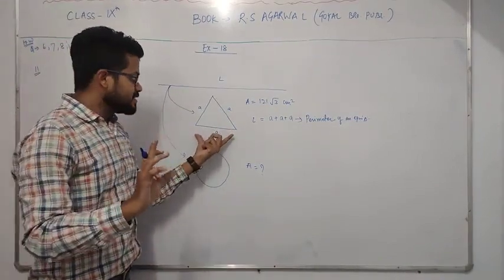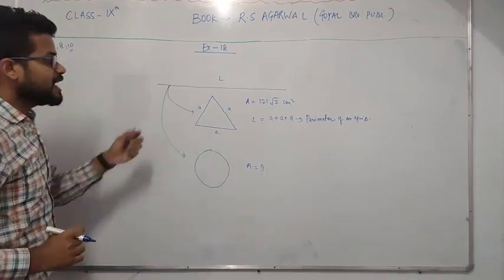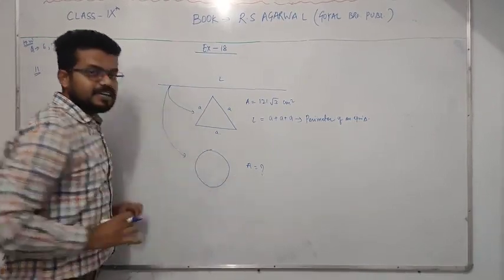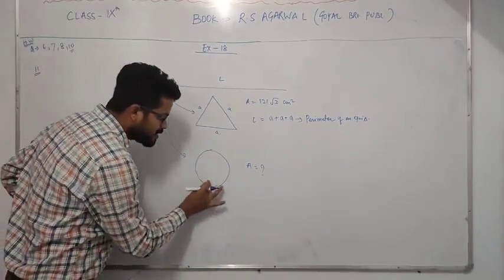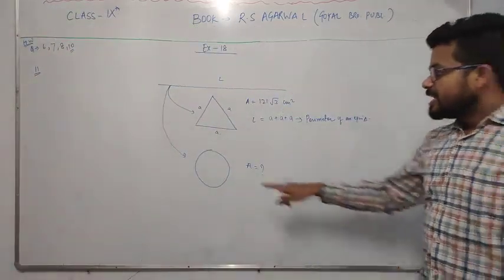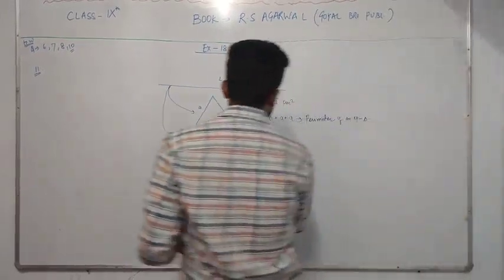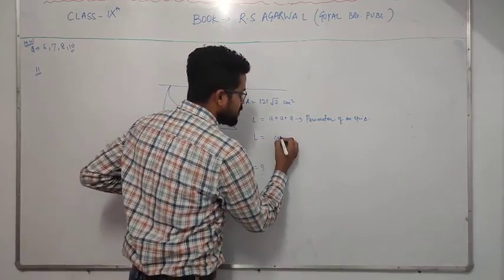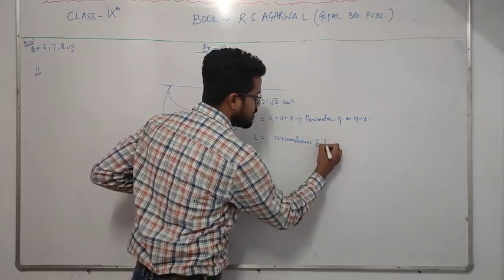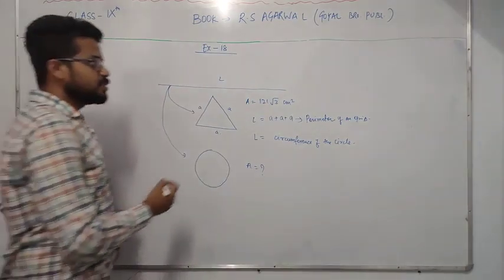Now try to understand this. Again this wire is bent into the form of a circle. So can I say that again this length is equal to the total length of the circle, and this total length of the circle is called what? Circumference of the circle. So I write here L is equal to the circumference of the circle.